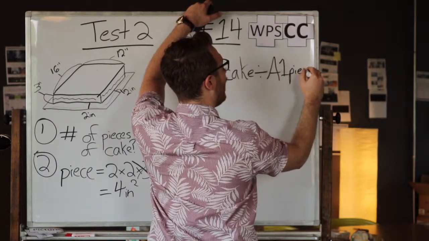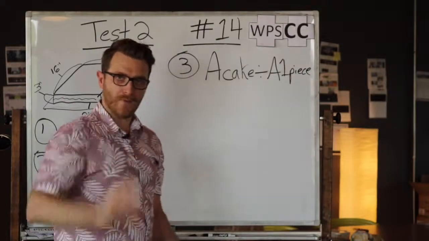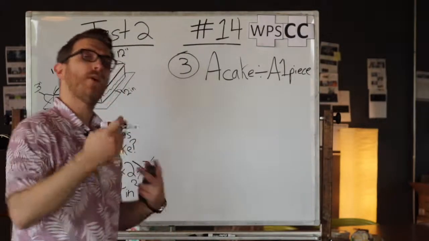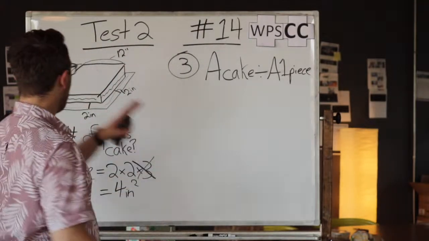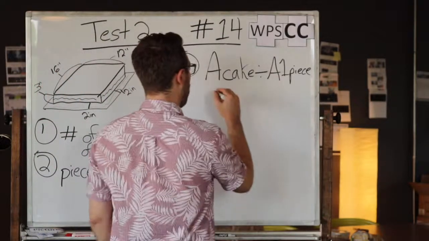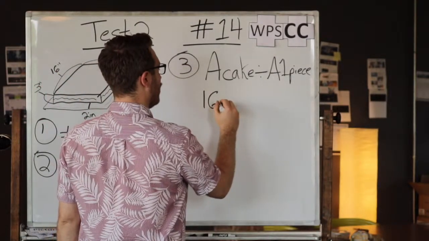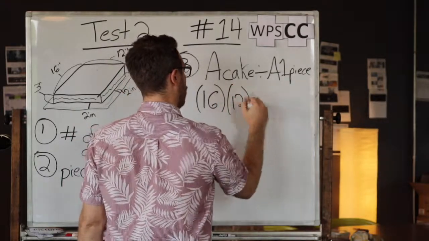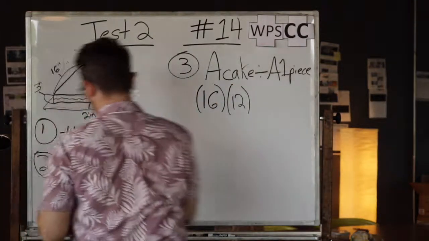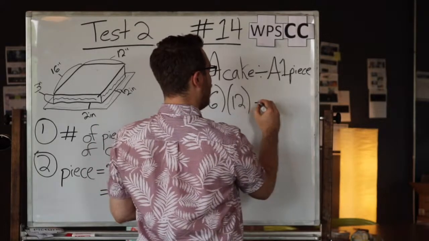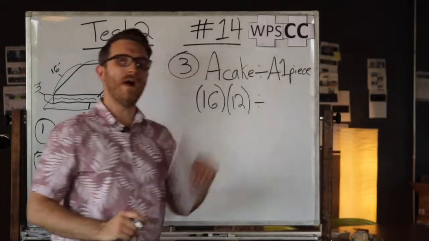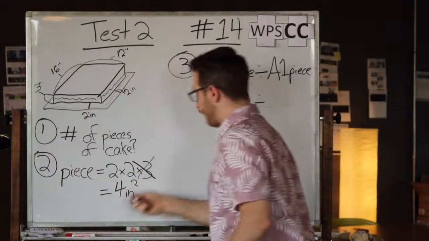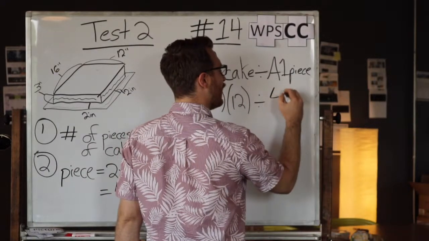By doing that, I will get the total number of pieces. Now the area of the cake, we already solved for that last time. Remember? We had 16 times 12 is the area of the cake. And we're going to divide that by the area of one piece, which I just defined to be 4 inches squared.